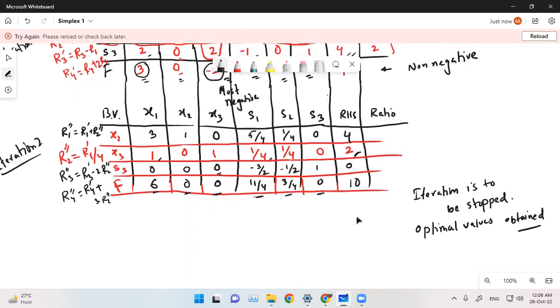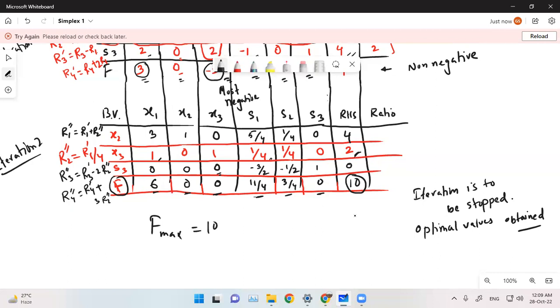Okay, so now what is our optimal value? Optimal values. So basically, first of all, your f value, f is equal to 10. So f, which is of course f max, is equal to 10.